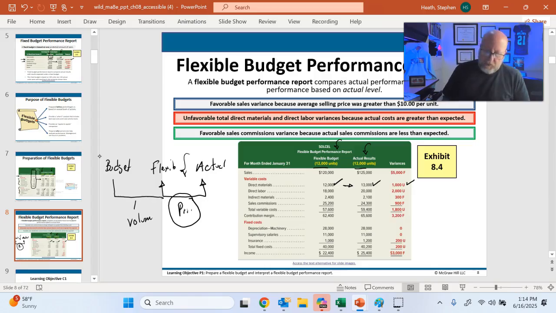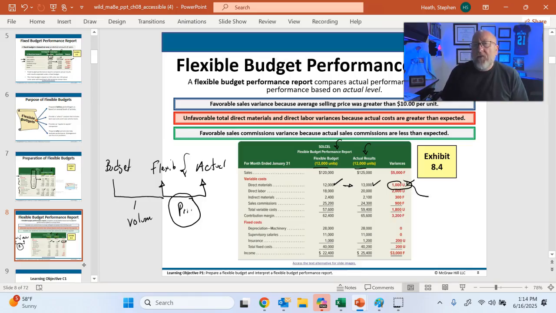I want to say that I've belabored this. However, a prelude to the next topic is that just because I have a $1,000 unfavorable variance as it relates to materials, it's not okay for me to assume that the additional cost, the difference between 12,000 and 13,000, was the result of the material costing more.